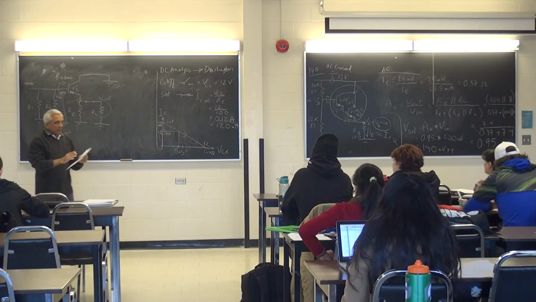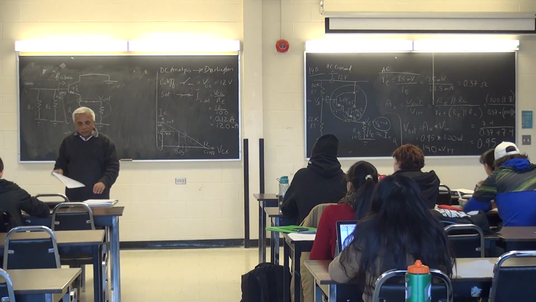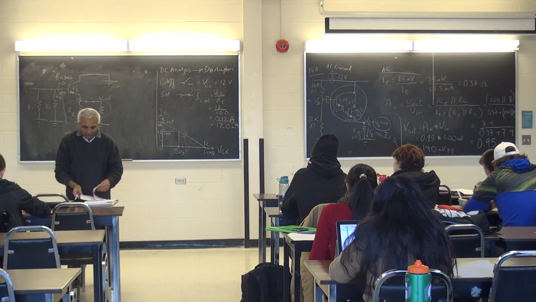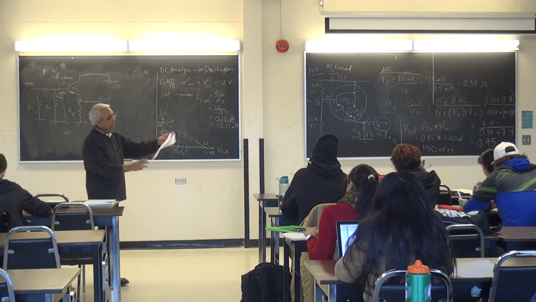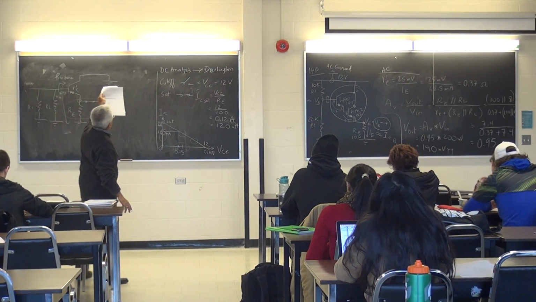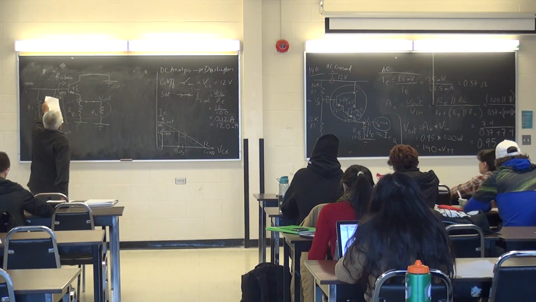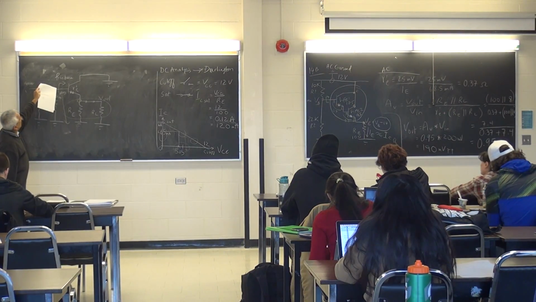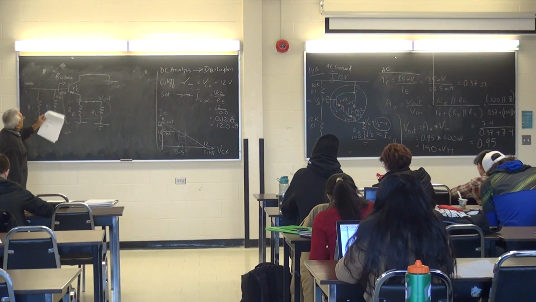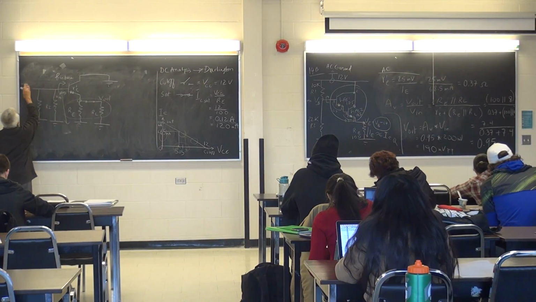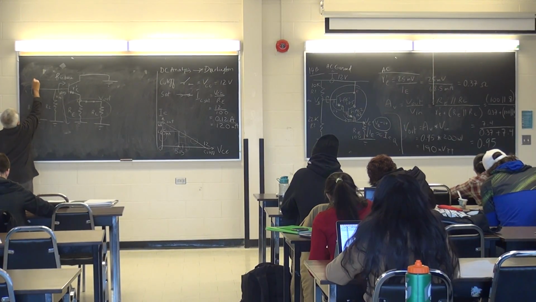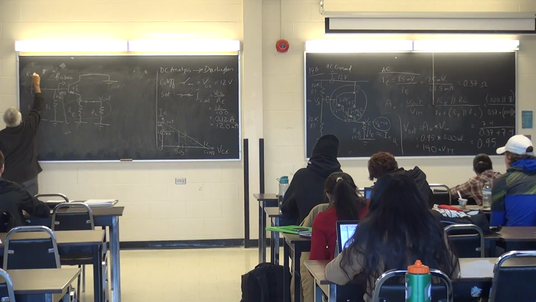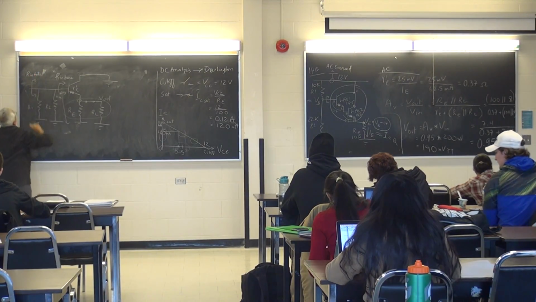And in your notes 14, page 3, where we've got this diagram, can you show R in base like this? And then can you show R in total like this?